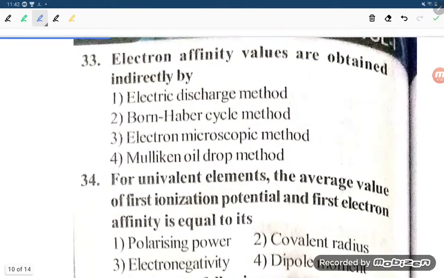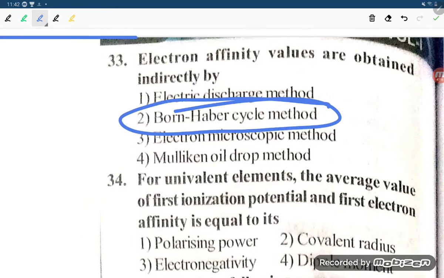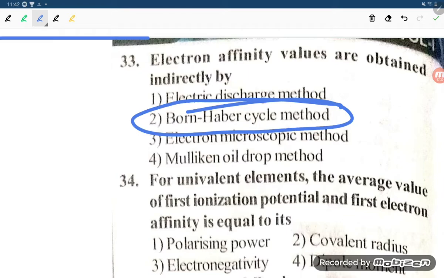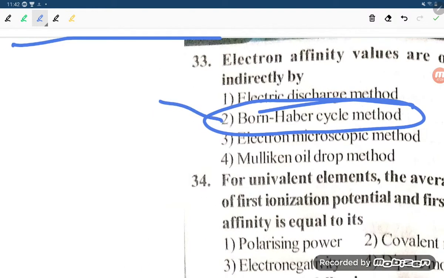Next one, question number 33. Electron affinity values are obtained indirectly by the Born-Haber cycle.